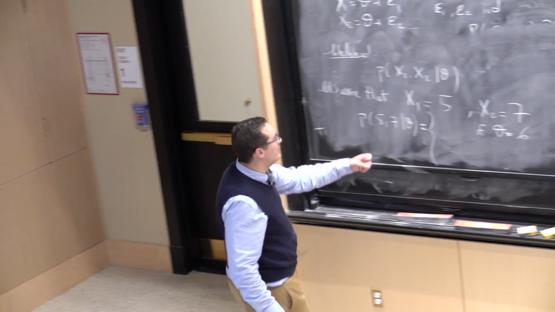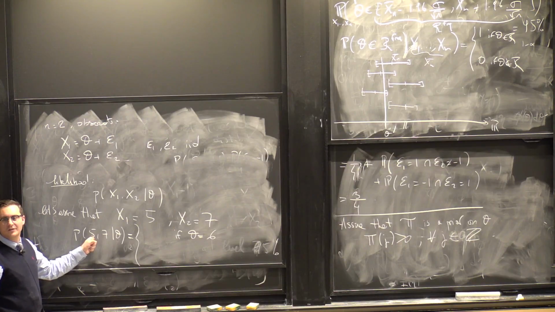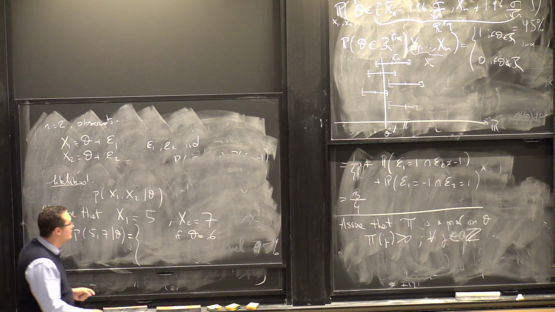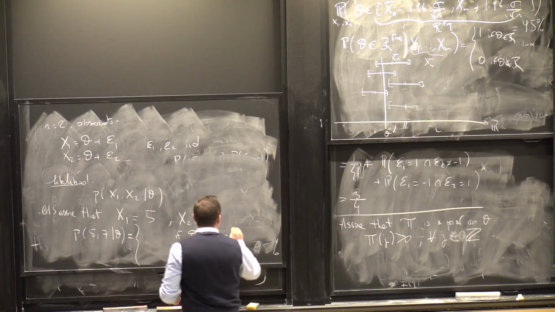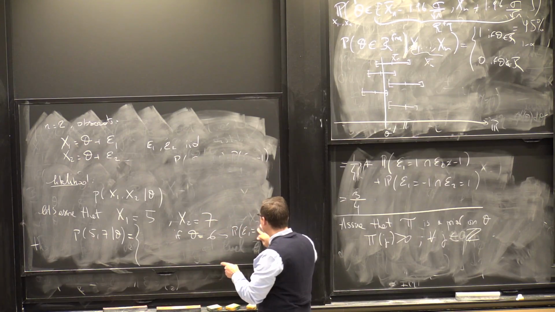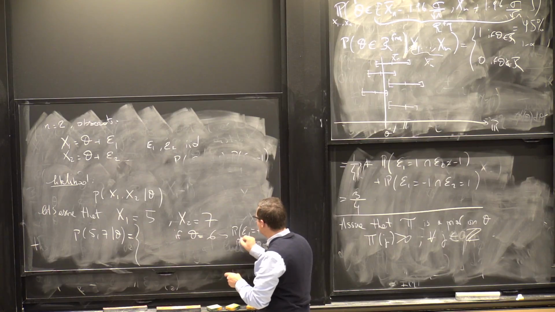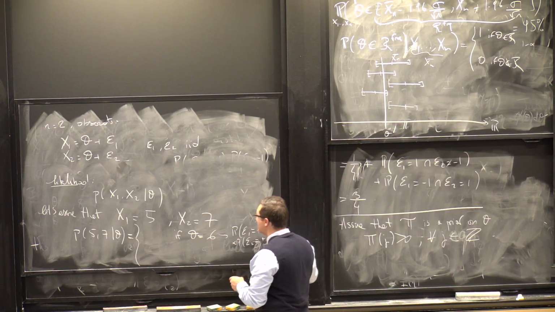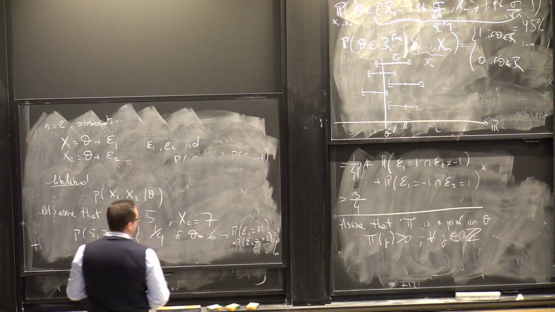It's the probability that I have minus 1 for the first epsilon 1, and epsilon 2 is equal to plus 1. So if theta is 6, this probability is 1/4.